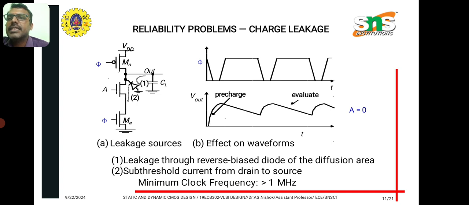Coming to the cascading issue, if this is one stage and n number of such stages are connected, then due to the delay, that is the time taken by the charge in the output path to flow through the NMOS transistor towards the ground, we will be giving the wrong input to the second stage.